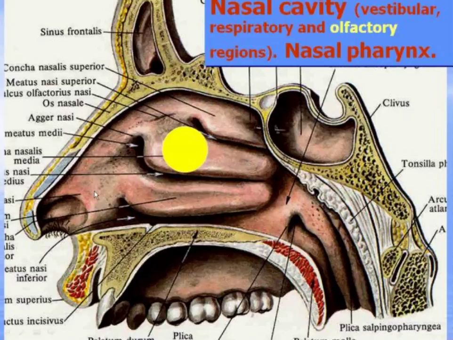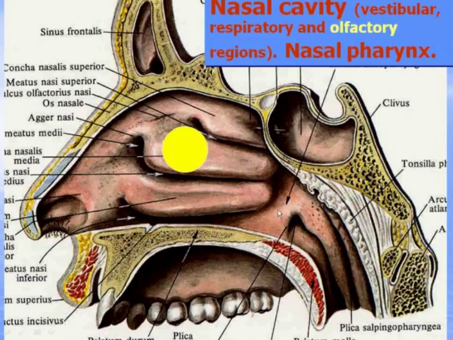The respiratory part is lined by mucous membrane, this simple columnar ciliated epithelium. In lamina propria and epithelium there are a lot of blood vessels heating the inspired air. And the olfactory region is lined by olfactory epithelium, this is the organ of olfaction.